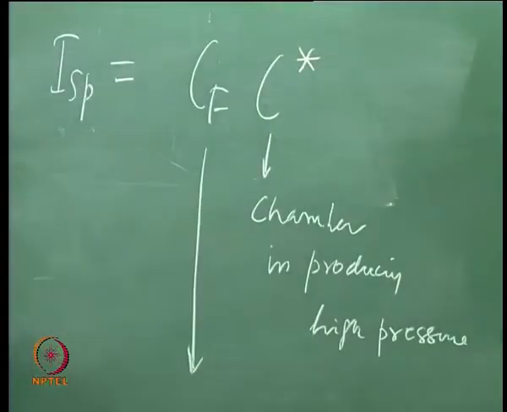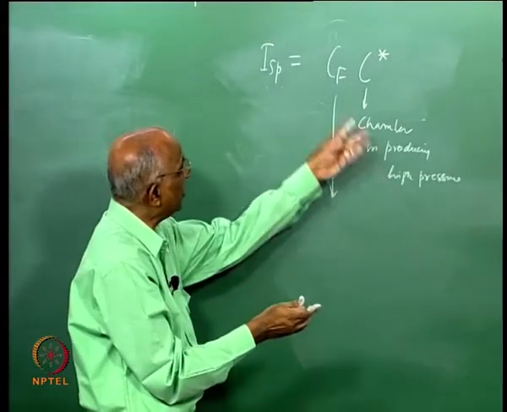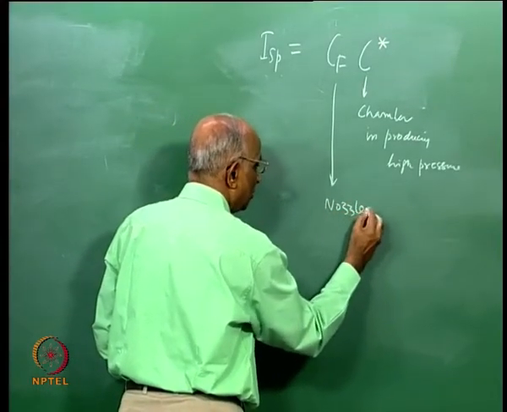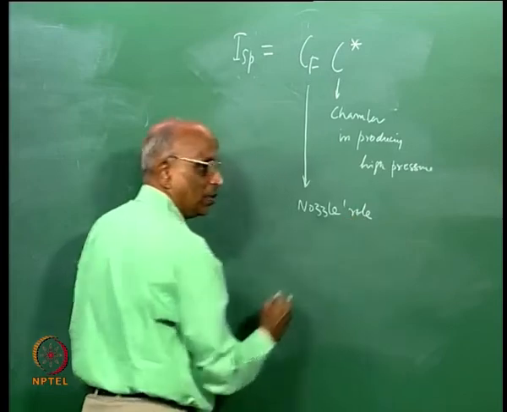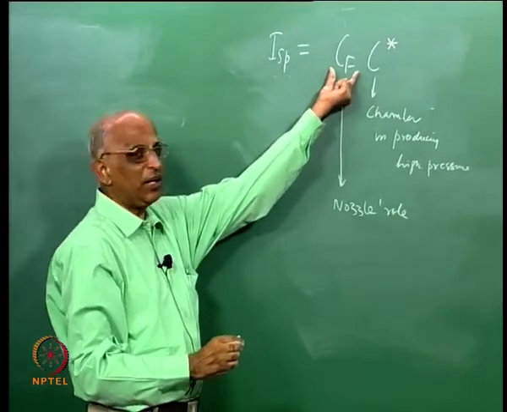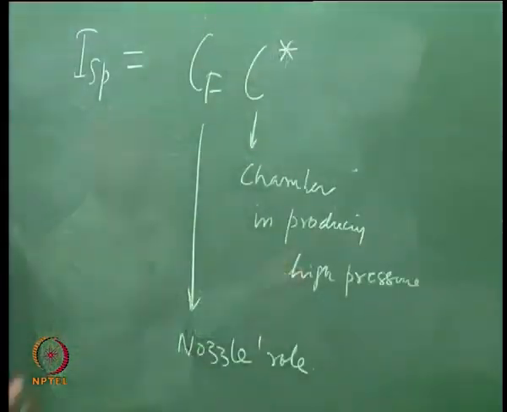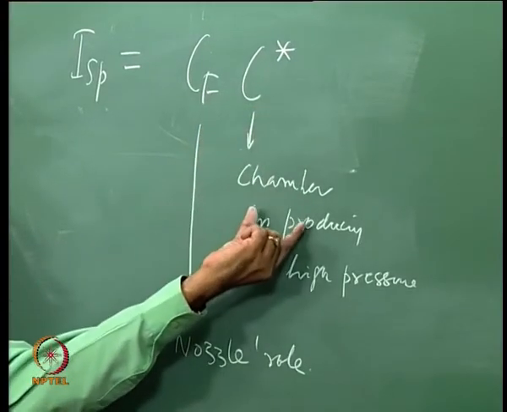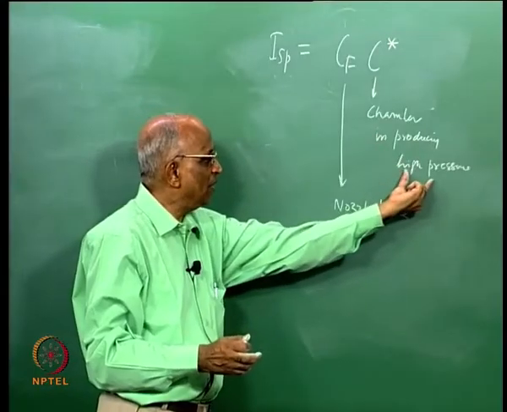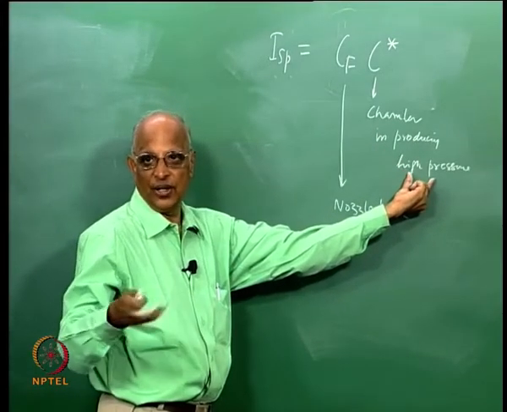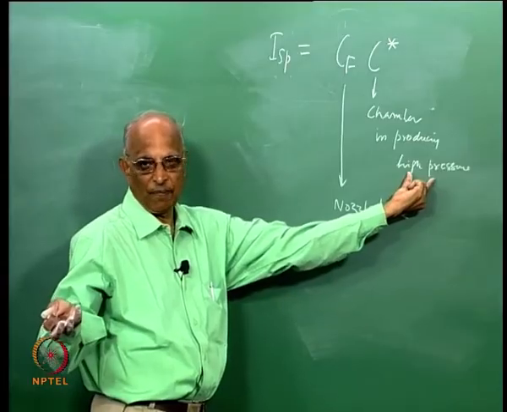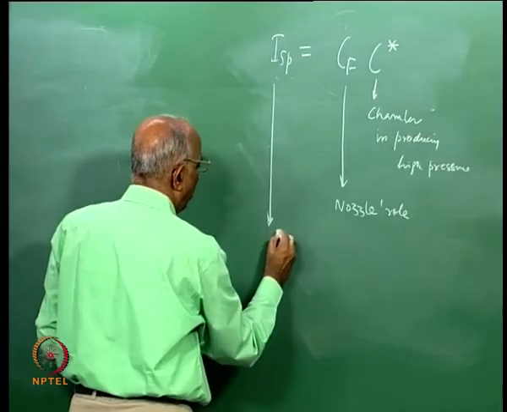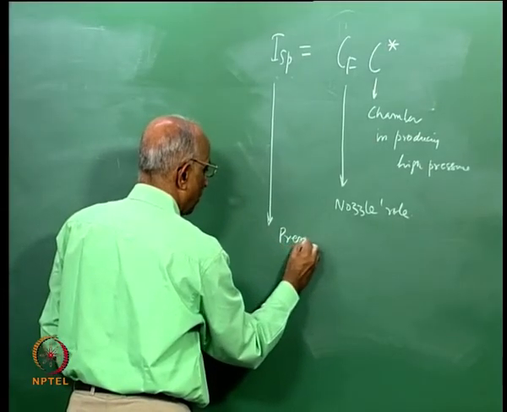Cf is in the nozzle which converts this high pressure into high velocity, or the nozzle effectiveness or the nozzle's role, and therefore Cf is a figure of merit of the nozzle, how it converts the high pressure into velocity, and C star is a figure of merit of the chamber, in that it will tell you how high a pressure is generated in the chamber because of some mass flow rate. Therefore, you have a composite index. Therefore, Isp is a product of pressure generating capacity in the rocket.